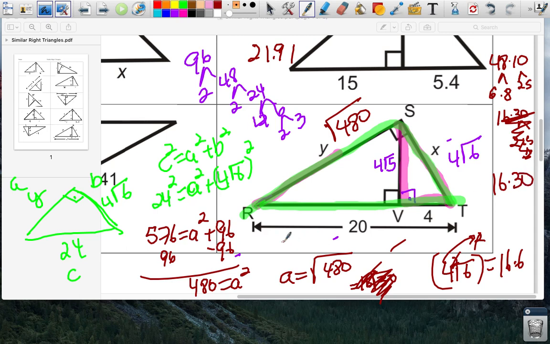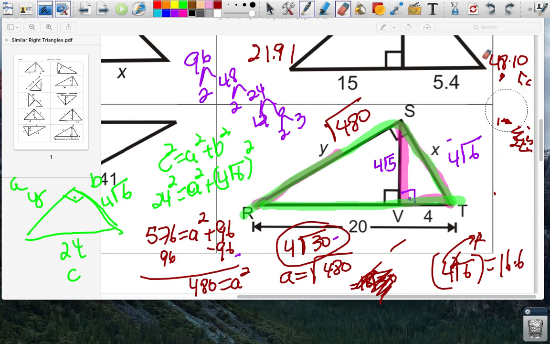Sorry, I meant to say that this is the same thing as 4 square root of 30, and that was my mistake. 480 is the same thing as 4 square root of 30, because I can write 480 as 16 times 30. You take the square root of 16, you get 4, which is my 4 here, and the 30 stays inside, and that would be the same. Okay? Done.